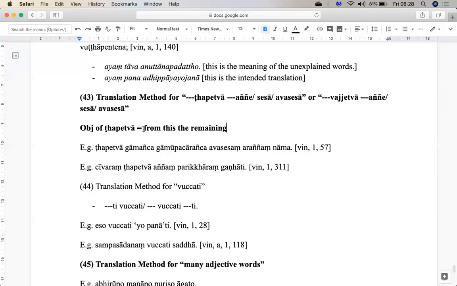So from this means the object of tabedawa. Not included. Excluded one is the object of tabedawa. The same way, the object of wujitawa is also not included in the inye or sisa or awasisa, the remaining, not included in the remaining things.